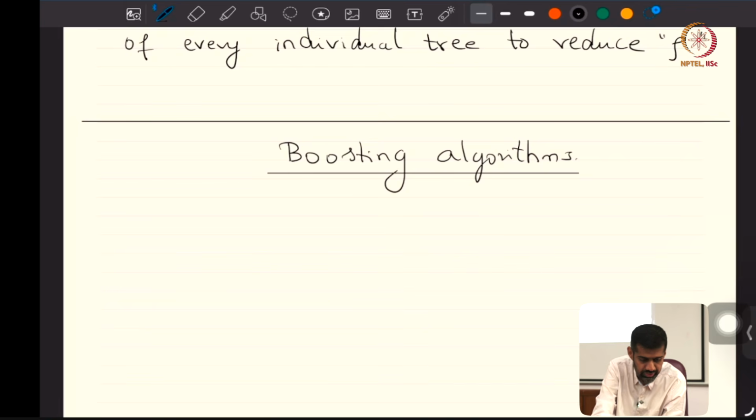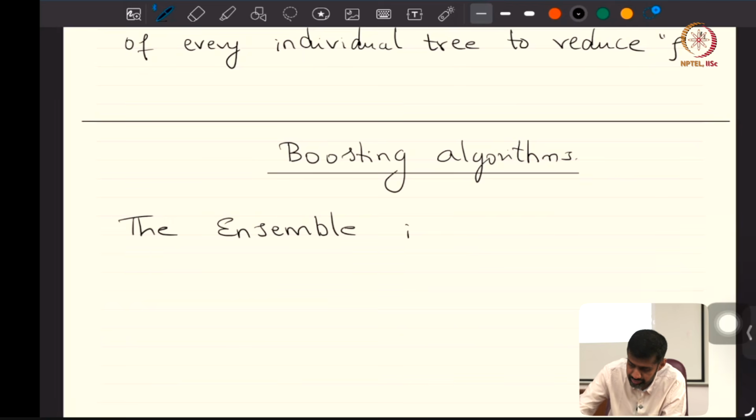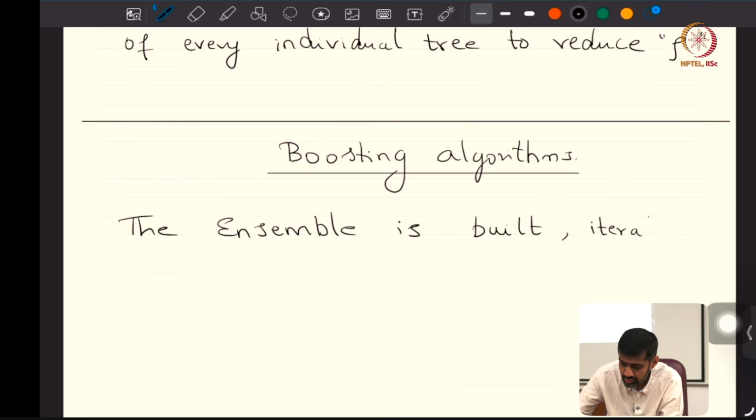Now here the ensemble is built iteratively, incrementally, as follows.